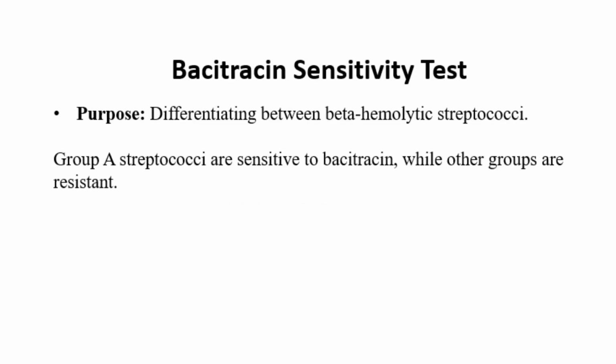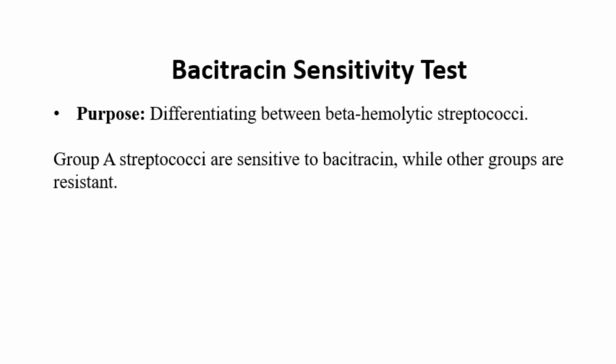In this slide, we will discuss the bacitracin sensitivity test. The purpose of the bacitracin sensitivity test is differentiating between beta hemolytic streptococci bacteria. It is a differential test used to distinguish between organisms sensitive to the antibiotic bacitracin and those which are not.